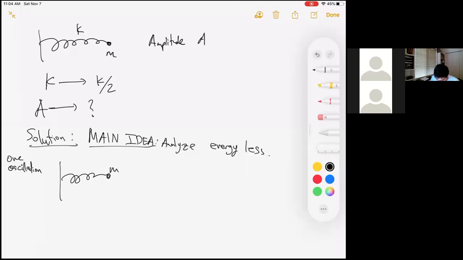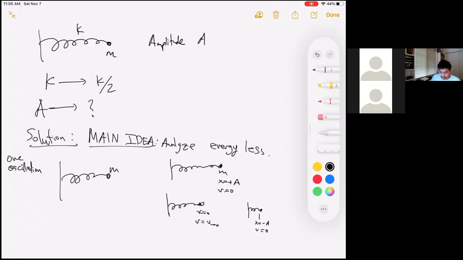So there's multiple phases to this motion. One is when it's at plus a, v is 0. Then this is when x is 0 and v is v max. Then there's x equals minus a, v is 0, and so on. You have situations like this.